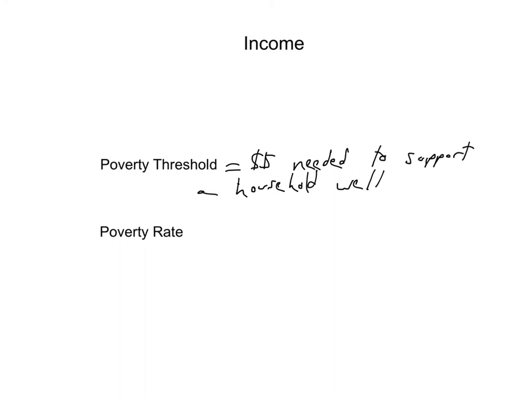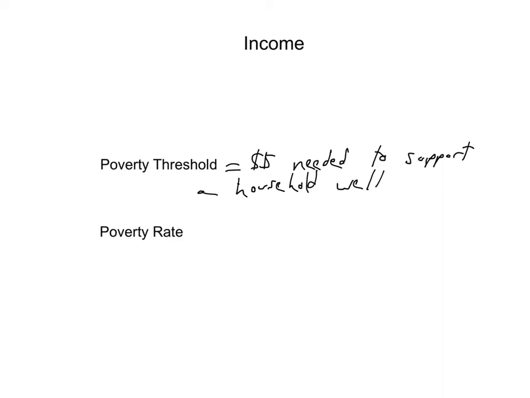Now, this is obviously somewhat subjective, right? But no matter where we put that line, we definitely think that, say, $300,000 a year is probably enough to support almost any household, whereas, say, $5,000 a year probably isn't sufficient to support a household consisting of only one person, even in the very cheapest place to live in the United States.